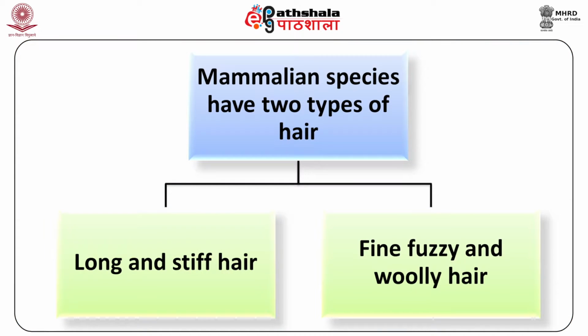Hair grows on most of the limbs of human beings and they also grow on animals. Mammalian species have two types of hairs, long and stiff hair and fine fuzzy and woolly hair. Hair grows from the hair centers called follicles in the body. They are in the shape of fine rods.